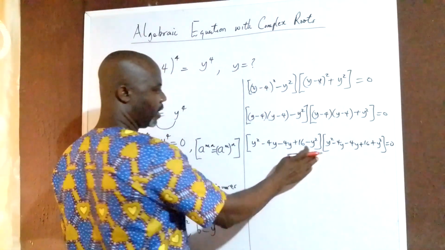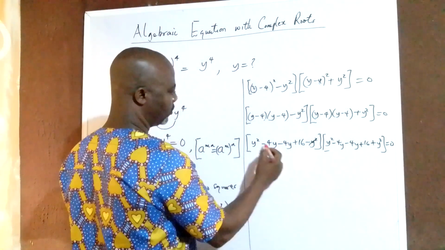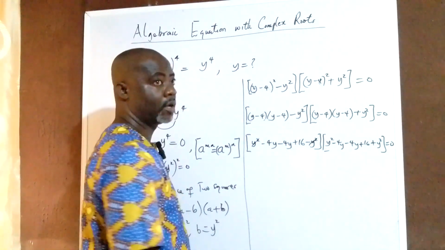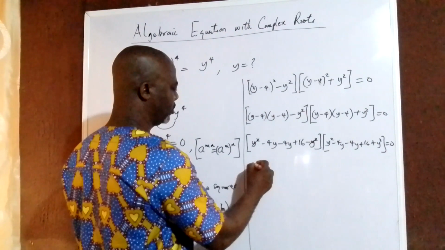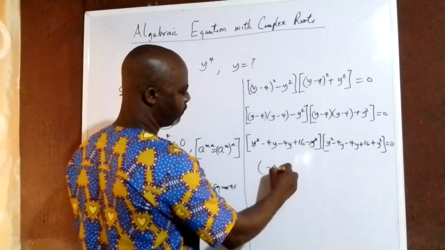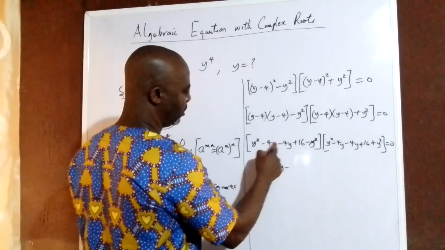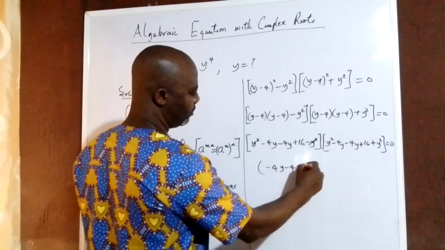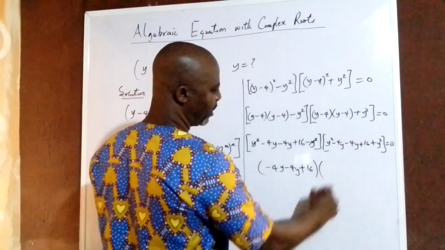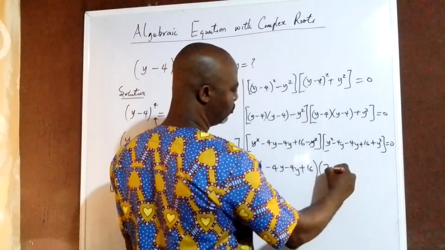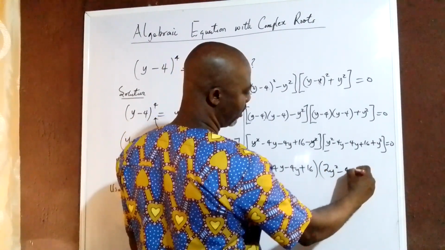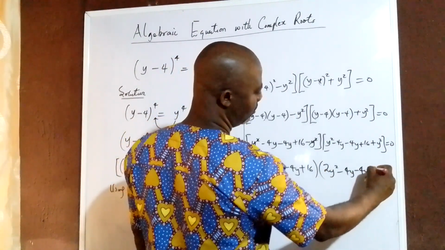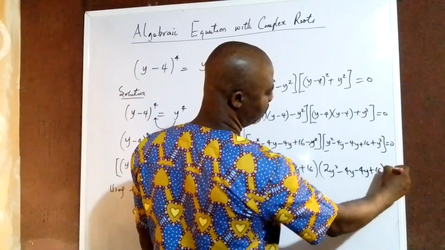What we have here now is that minus y squared and y squared will cancel each other out. So we have minus 4y minus 4y plus 16 multiplied by 2y squared minus 4y minus 4y plus 16 equal to 0.